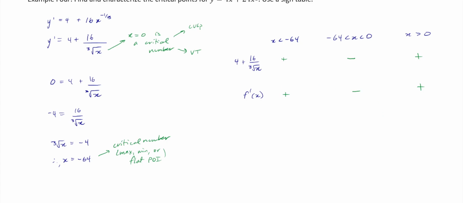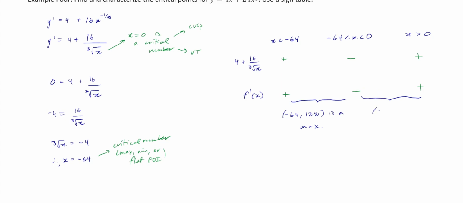We can see that at x equal to -64, I get the point -64, 128, which is a maximum because it's going from increasing to decreasing. Now, this is where it was undefined, and you can see right here there's a sign change.